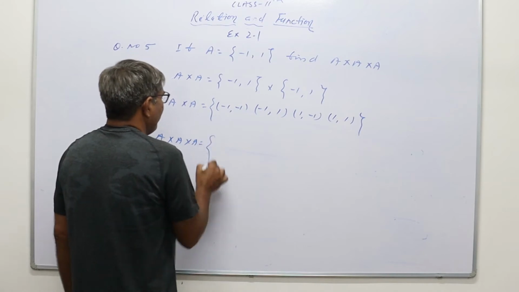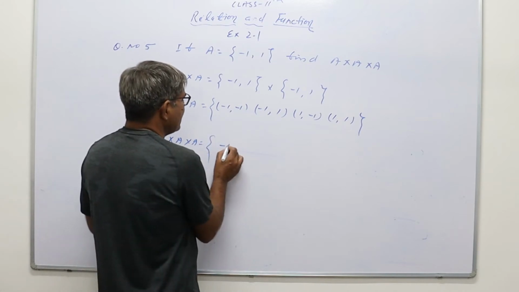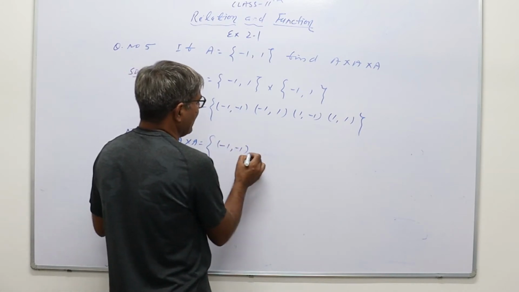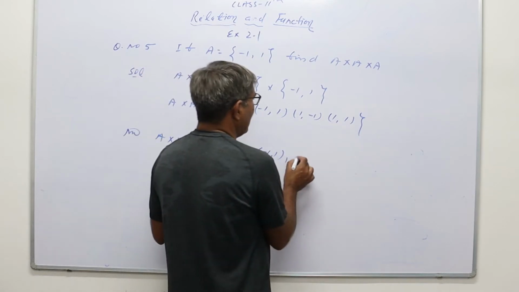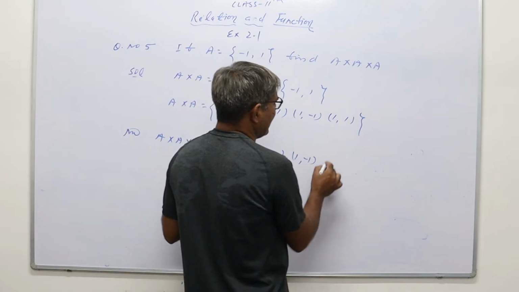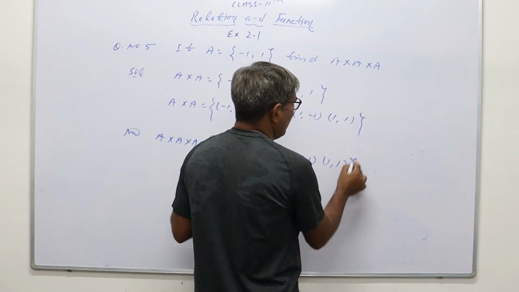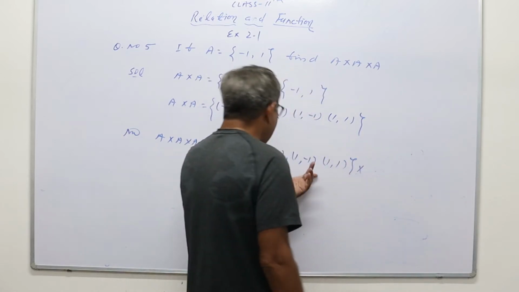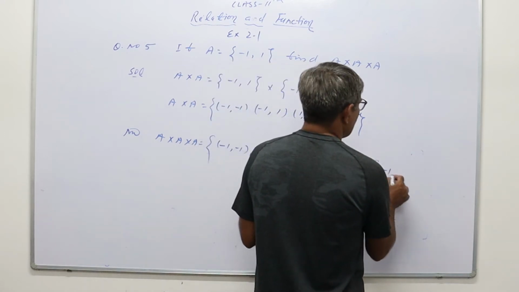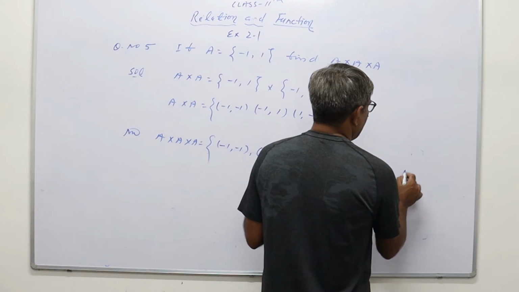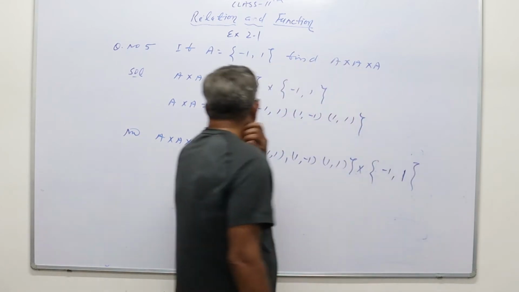So here A cross A is (-1, -1), (-1, 1), (1, -1) and (1, 1). Now we have to take the cross of this again with A, that is with {-1, 1}.